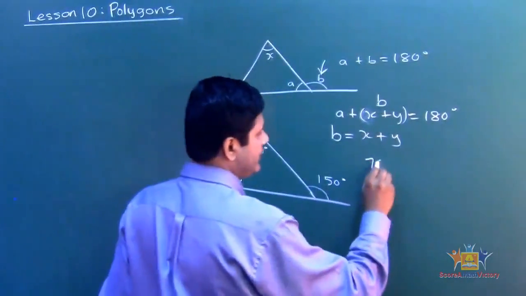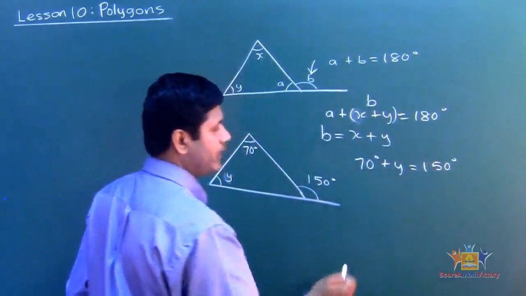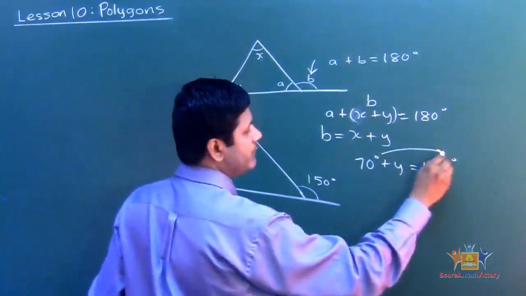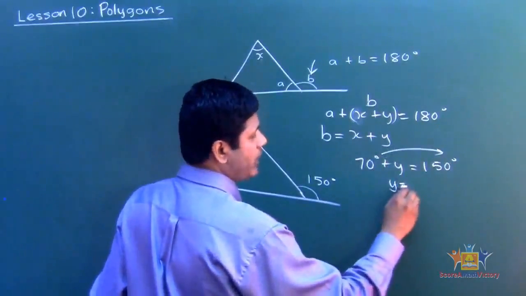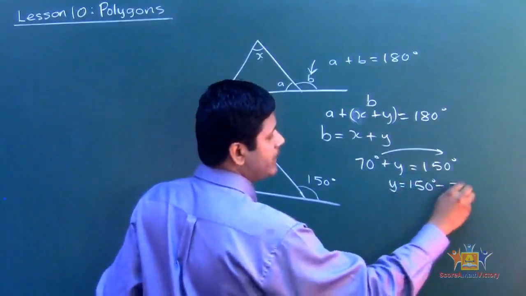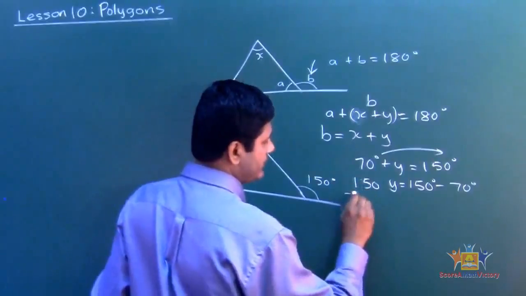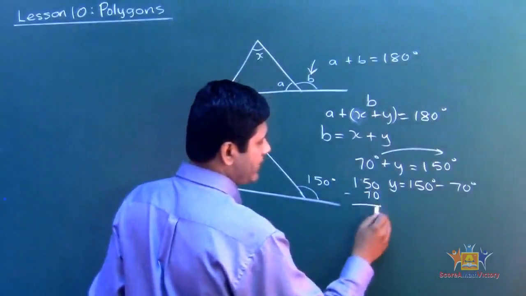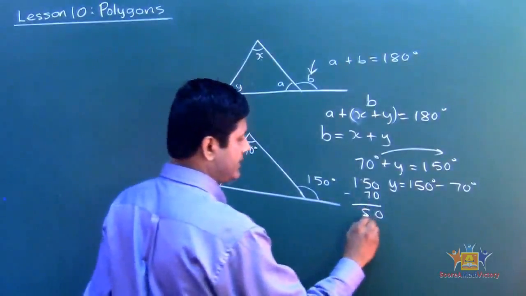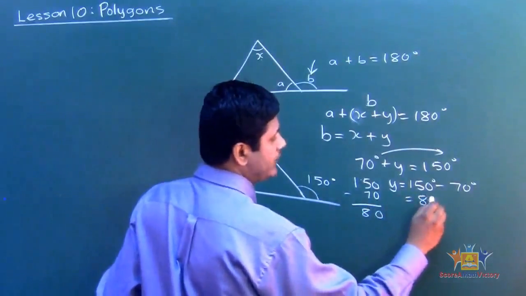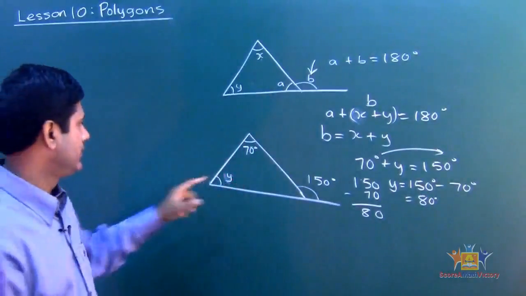So 70 degrees plus Y equals 150 degrees, and I'm looking for Y. I bring the 70 across the bridge, which is addition across the bridge, subtraction. So Y equals 150 minus 70. Lining them up, 150 minus 70, 0 minus 0 is 0, 5 minus 7, you cannot, 15 minus 7 is 8. So Y equals 80 degrees. That's 80 degrees. See that? So this is 80.